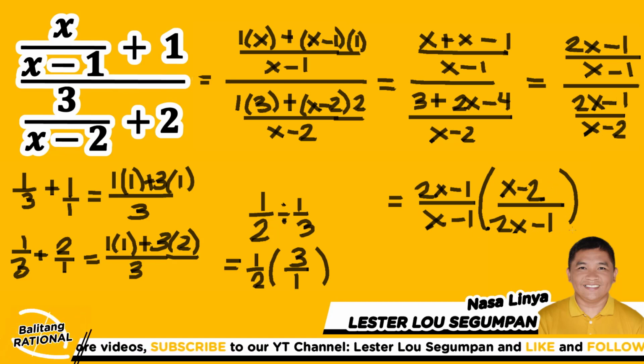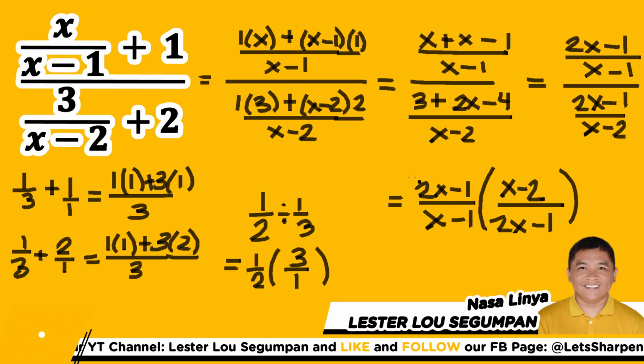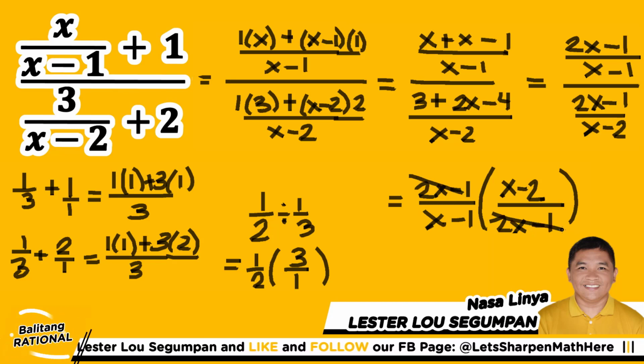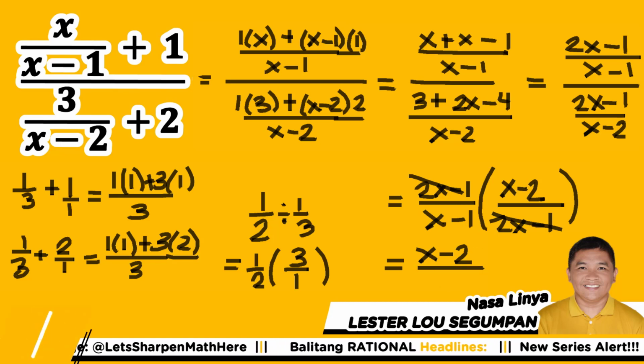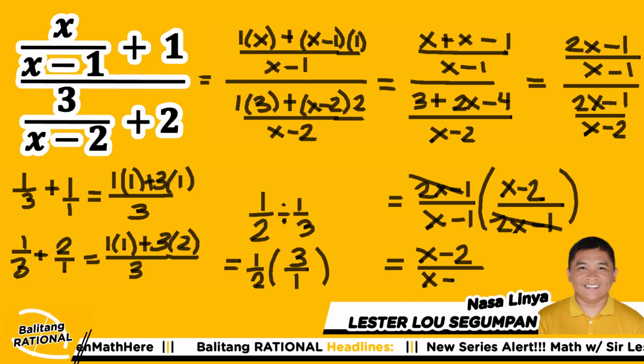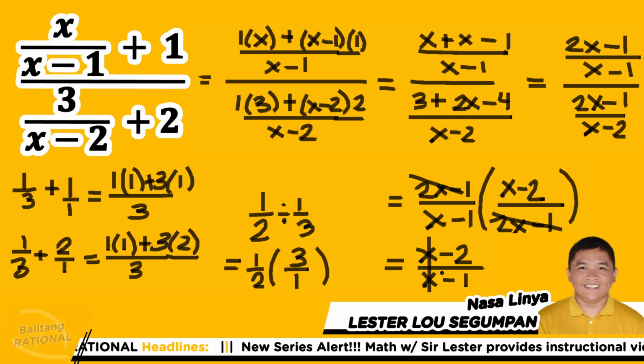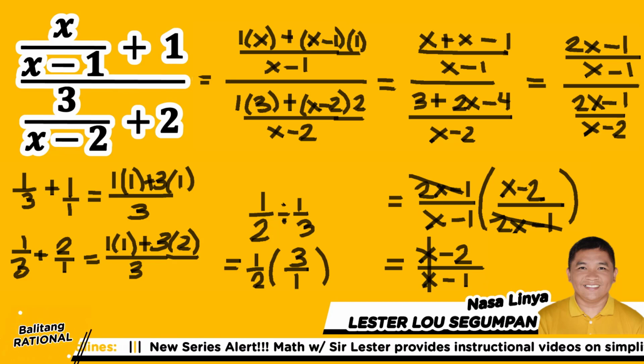And see what can be done here. We have 2x minus 1, 2x minus 1. These two binomials could be cancelled out. So the next form is x minus 2. And yung natitirang expression sa denominator natin is x minus 1. Again, you cannot cancel those because cancellation law only works for terms of expressions or coefficients separated by multiplication.